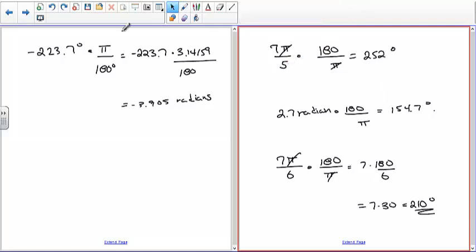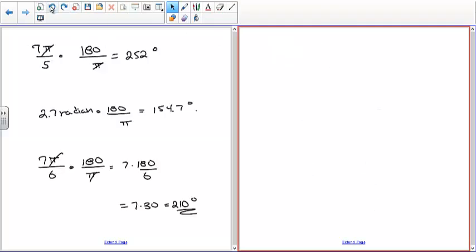But if it was 9/7 or something like that, let's say we have 9/7 pi times 180 over pi. The pi's cancel out, but 180 is not divisible by 7, so you're going to end up with a rational number that's not nice.